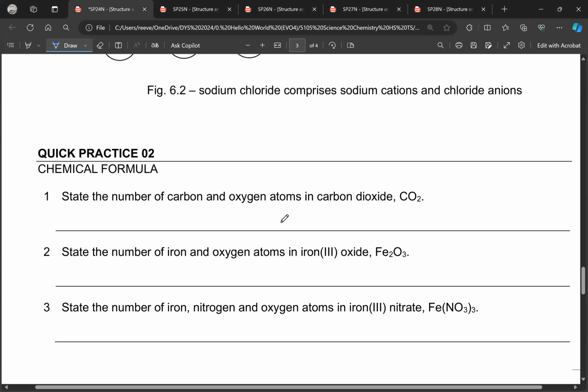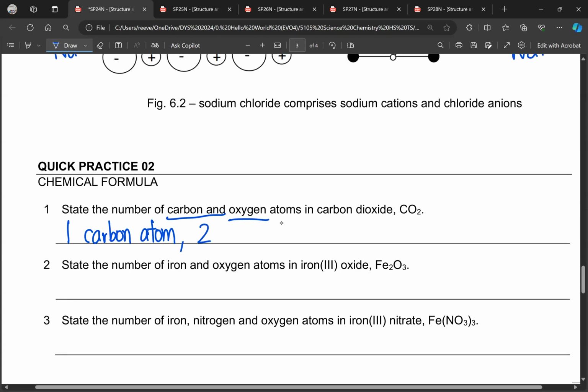Okay. Now let's look at the question. Chemical formula. State the number of carbon and oxygen atoms in carbon dioxide. Okay, so for carbon dioxide, there are two elements, carbon and oxygen. They already tell you. You look at the formula, the answer is 1 carbon atom and 2 oxygen atoms.